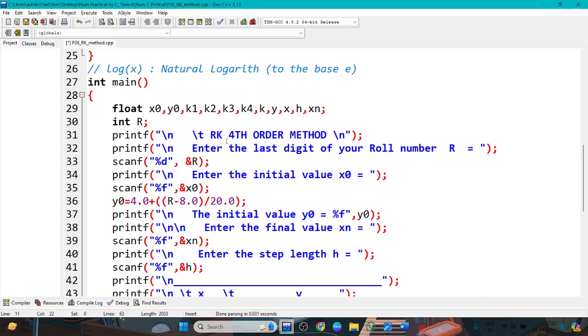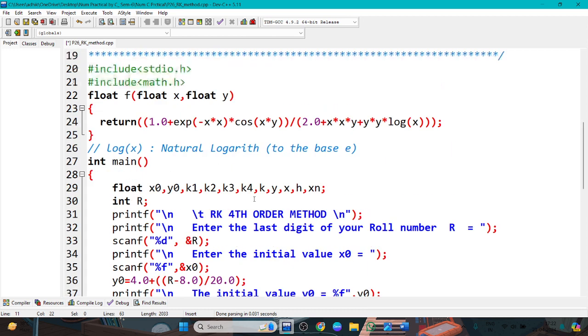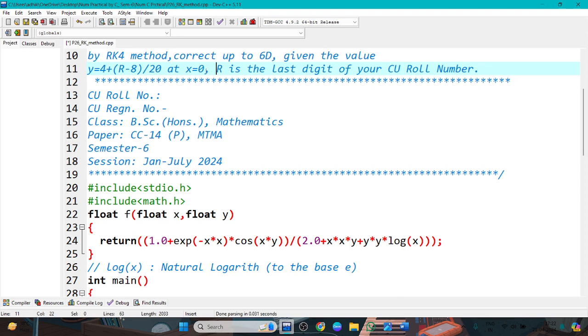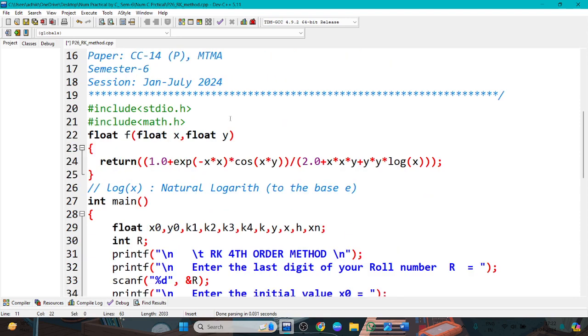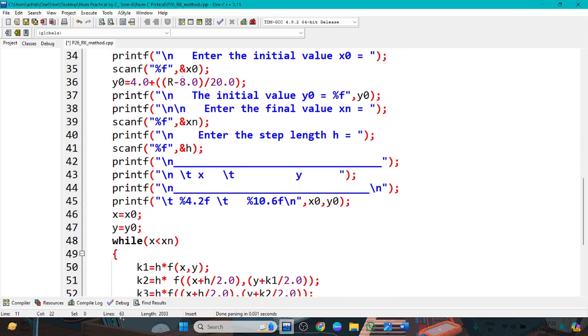Integer variable is r. First we input the serial number r, the last digit of your serial number. Enter the initial value x0, here x0 equal to 0, initial value of x is x0, and y0 equal to (4 plus r minus 8)/20. So initial value of y0 is according to the value of r.